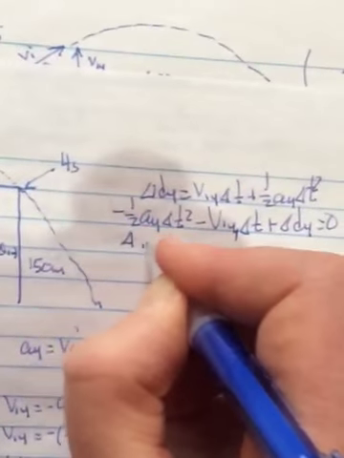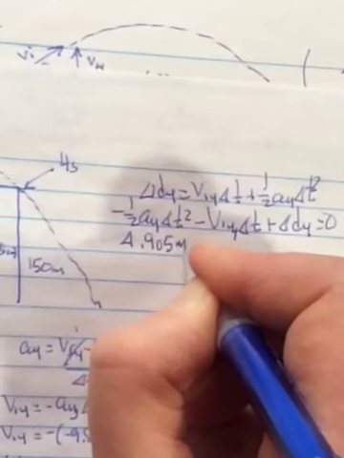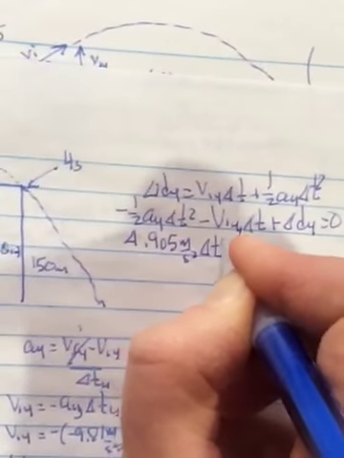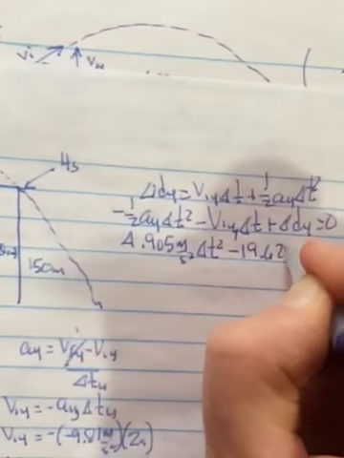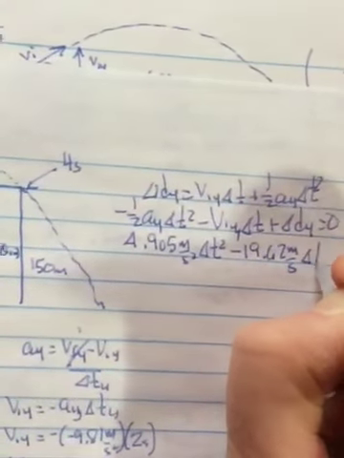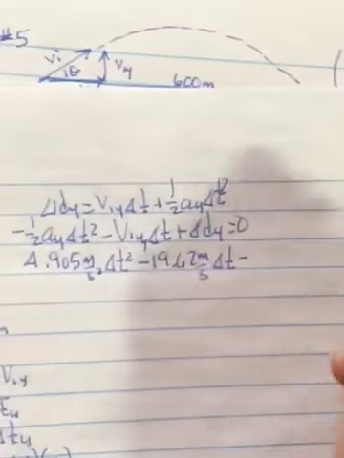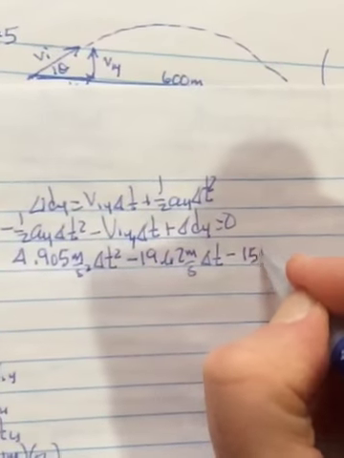So again, this will be 4.905 meters per second squared, delta t squared. This will be minus 19.62 meters per second, delta t, and it tells us the height of the cliff is 150 meters this time, equals 0.